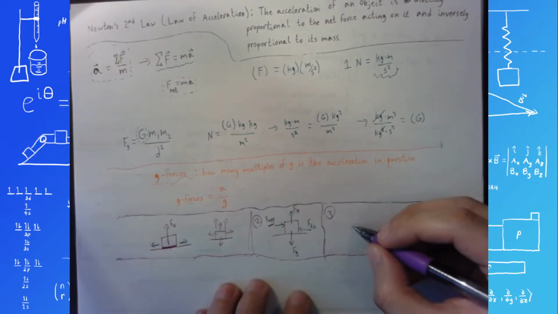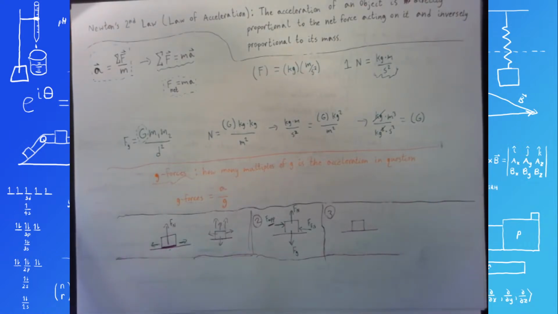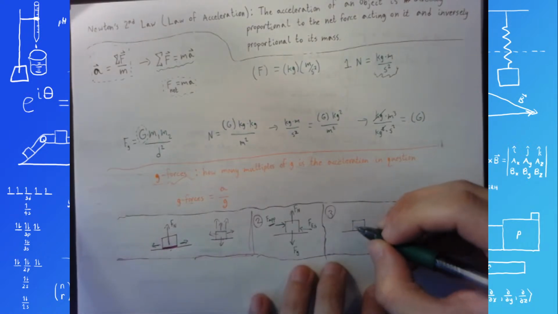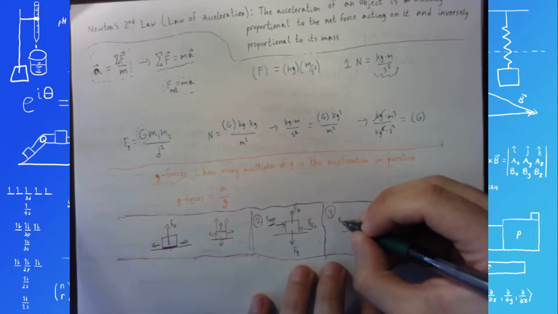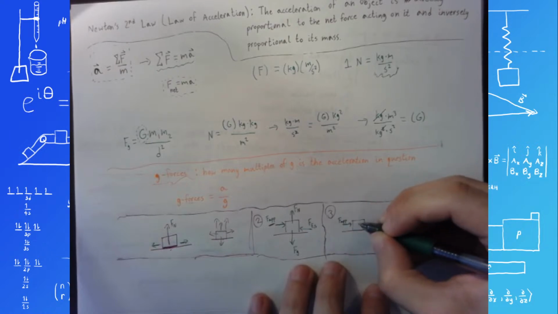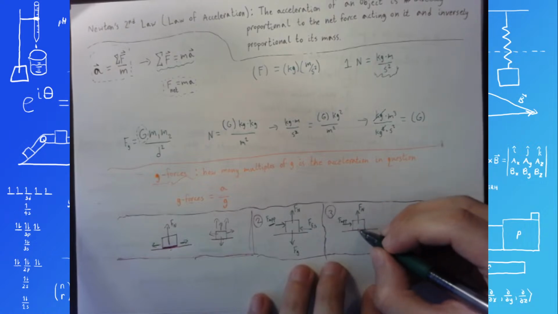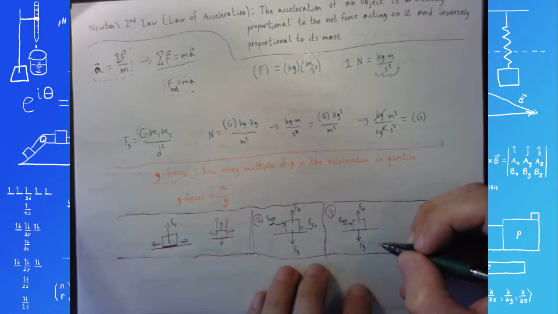So diagram 3, the person is going to be pushing to the right, so force applied is still there compared to the previous scenario. Normal force between the block and the ground should still be there. The earth didn't disappear from underneath the box, so the force of gravity should still be there.